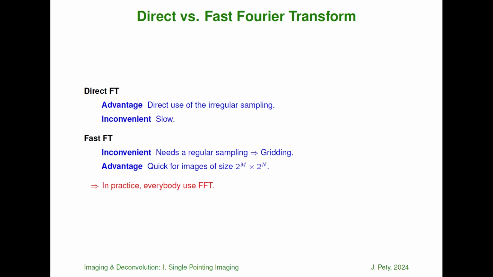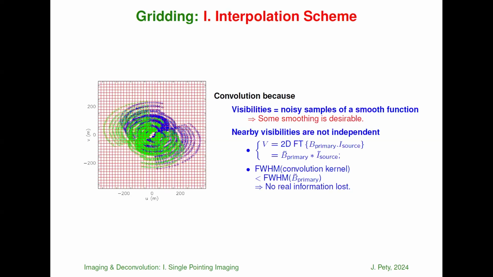Okay? You can't use it directly on irregular samplings. So this means that you will need to make an additional step called gridding to go from irregular samplings to regular samplings. In practice, the speed factor is so large that everybody is using the fast Fourier transform. The direct Fourier transform is much too slow to be used on data.